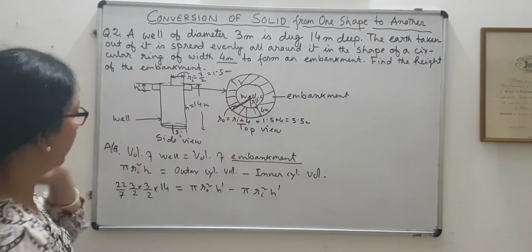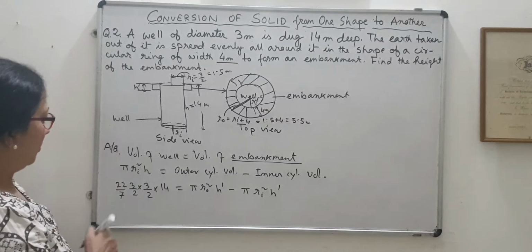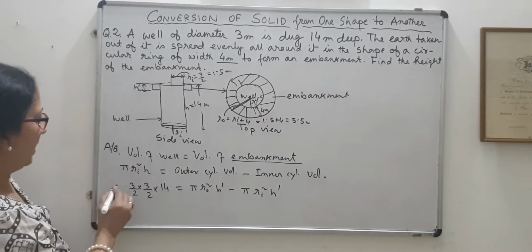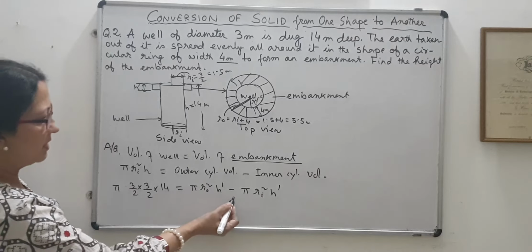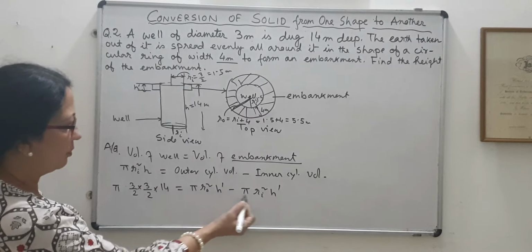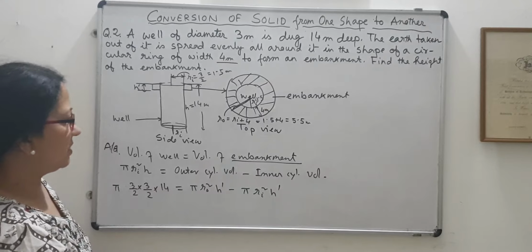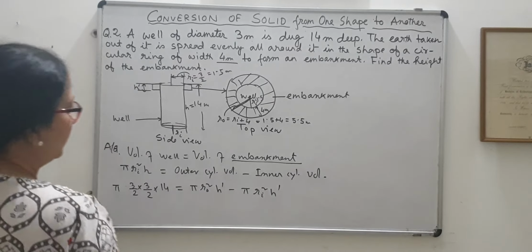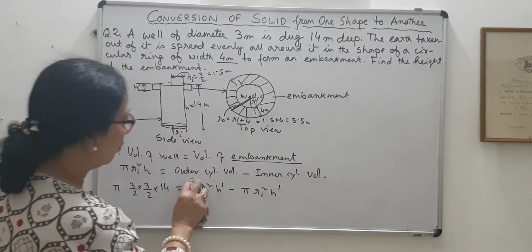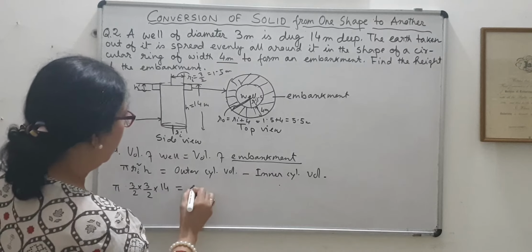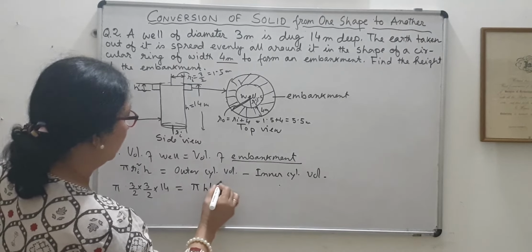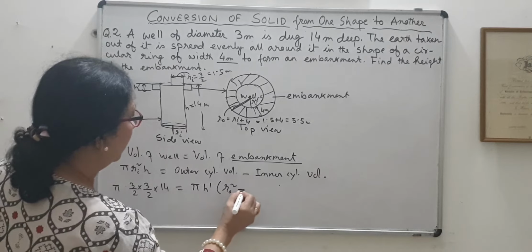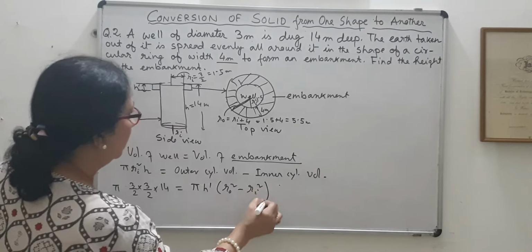So here actually I don't have to put the value of pi, as pi will be getting cancelled. Now I can take pi H dash common from here. So if I take pi H dash common, it will be Ro square minus Ri square.